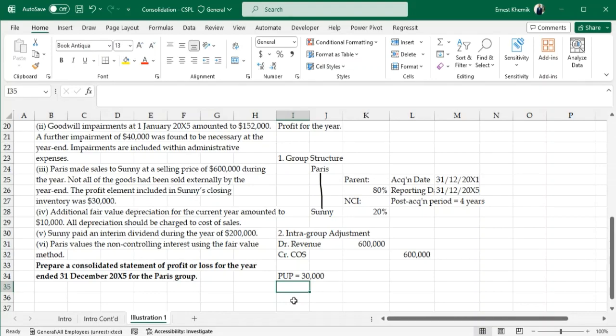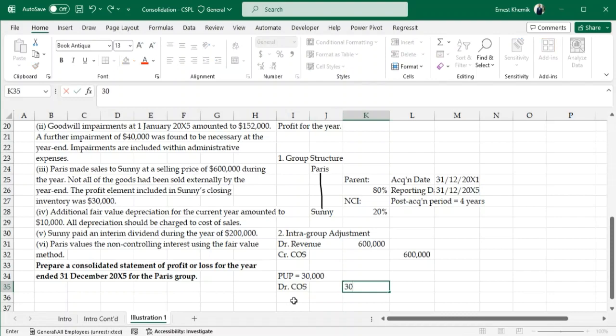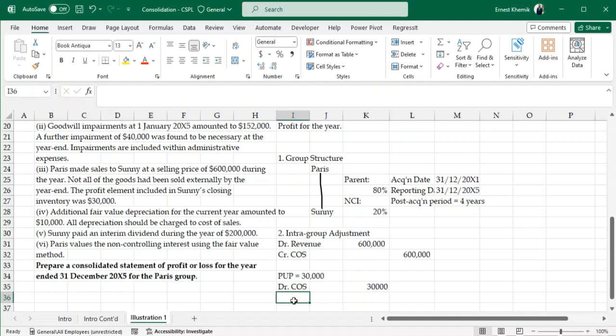So we are going to debit our cost of sales with the 30,000 here, and then can you guess what we are going to credit? We are going to credit our closing inventory, also with 30,000.